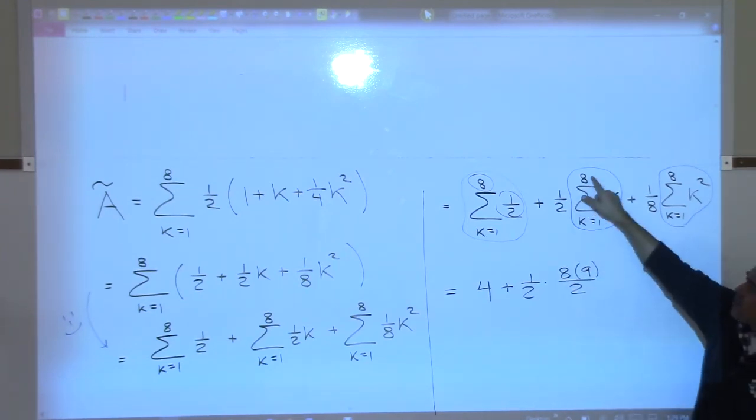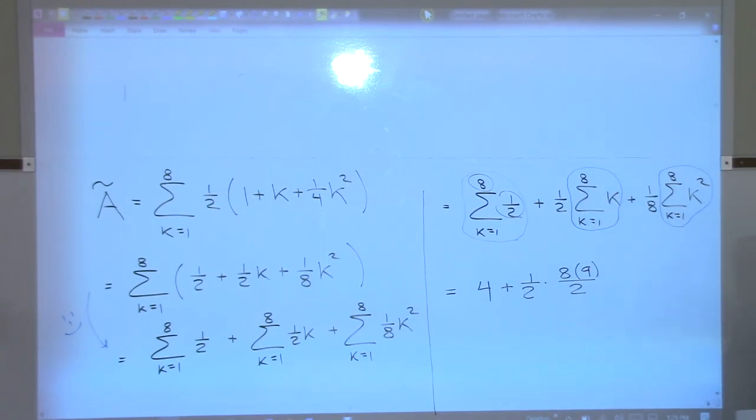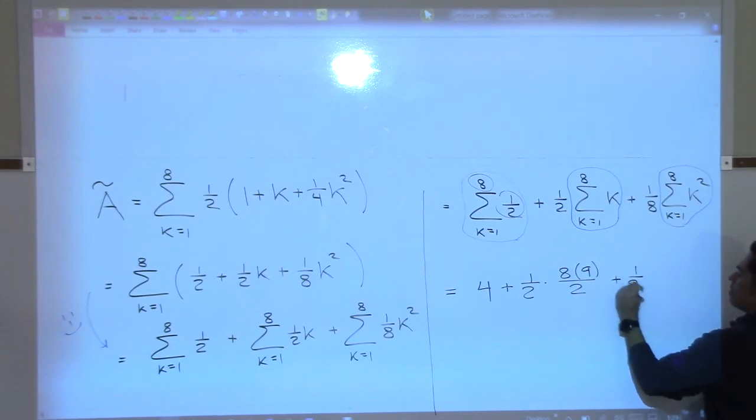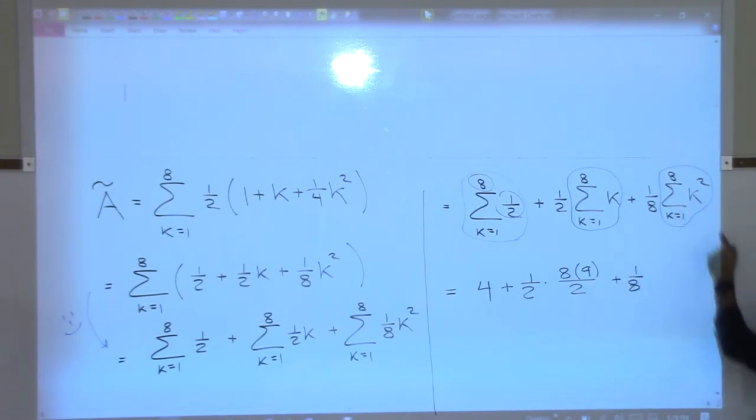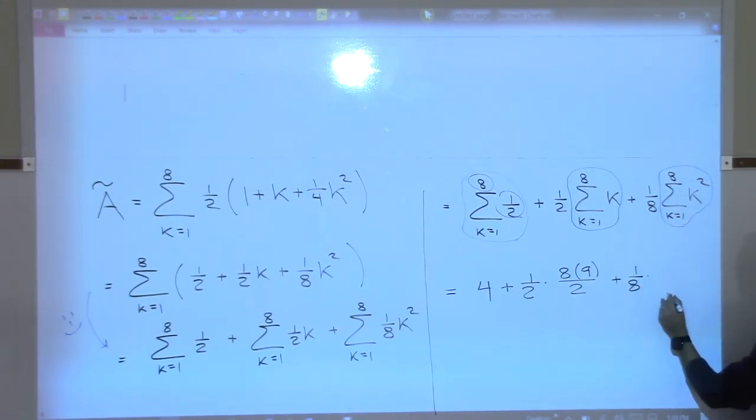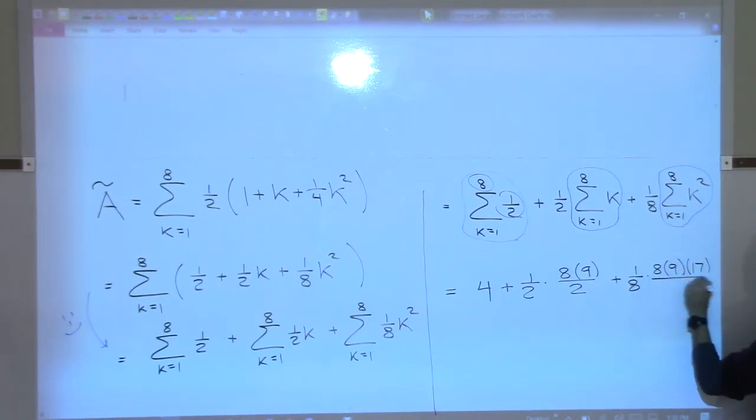N is always where we stop. Yes? And then we have plus 1/8, and then what's the formula for this one? K squared, if we stop at 8. 8 times 9 times, now 2n plus 1, so 16 plus 1, 17, all over 6.